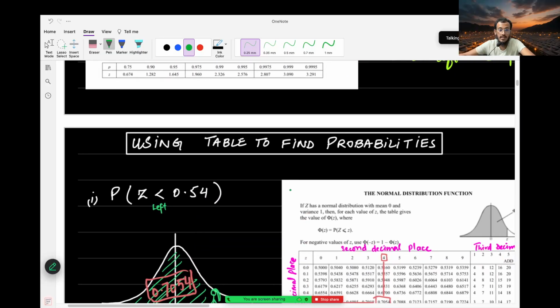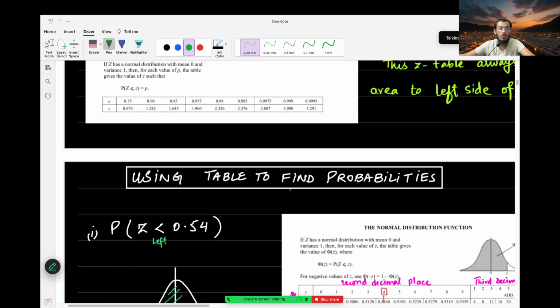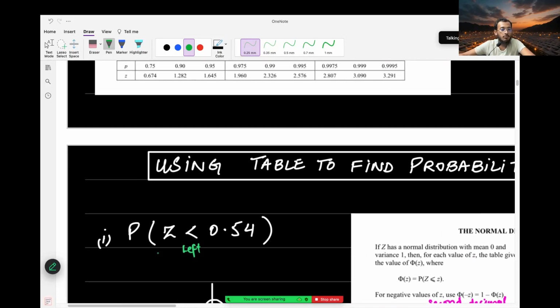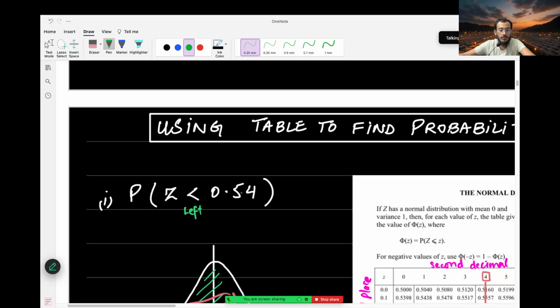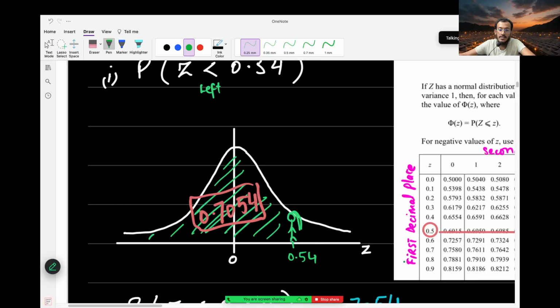Okay, so first let's learn how to use the table to find probabilities. Let's say they tell us to find the probability that z is less than 0.54. This column represents the first decimal place for z.